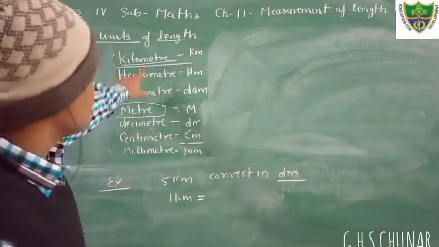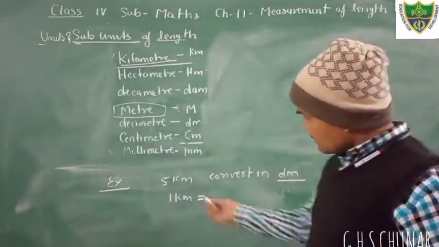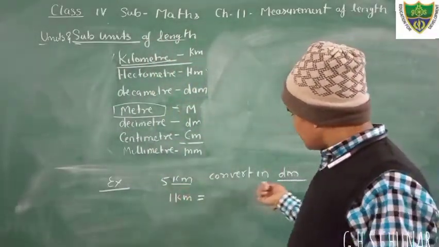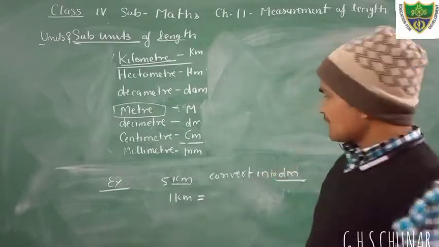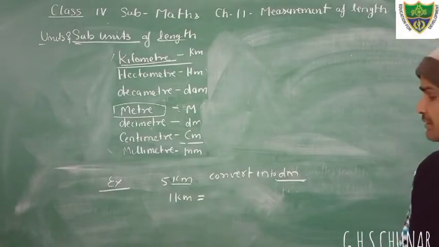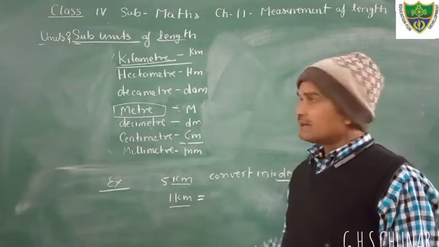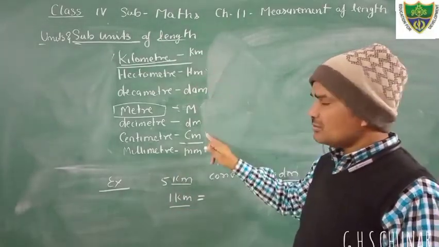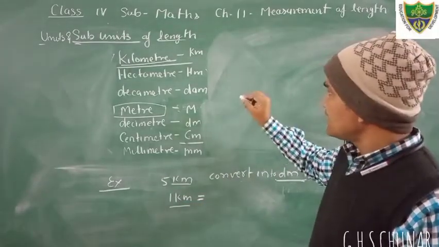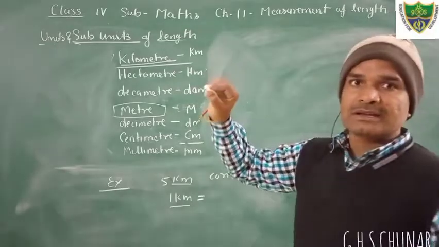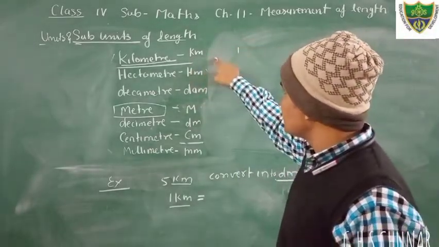First we write the given unit in their order. So we will find out what is the relation. What is the value of 1 kilometer? Here we convert from larger to smaller, so we will multiply with their relation. To find out the relation, we will write the 1 at the place of kilometer.